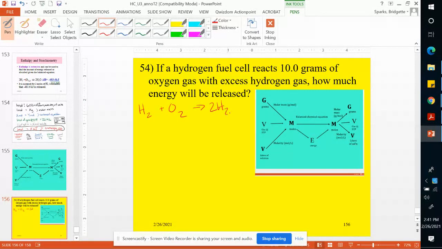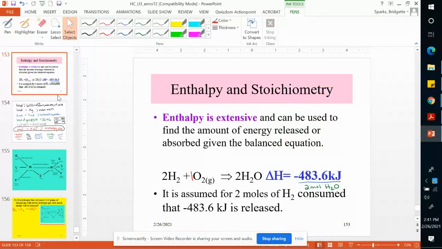Just like stoichiometry, we want to consider the mole ratio. But this reaction also has a specific amount of energy associated with it. If we go back, we can see that the enthalpy of this reaction is negative 483.6 kilojoules for one of these reactions.